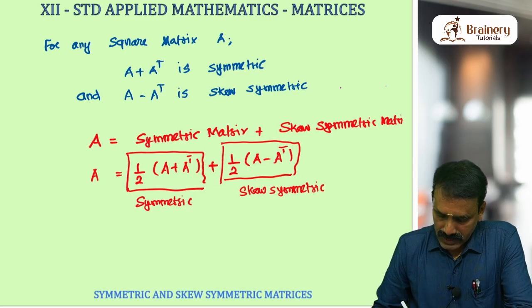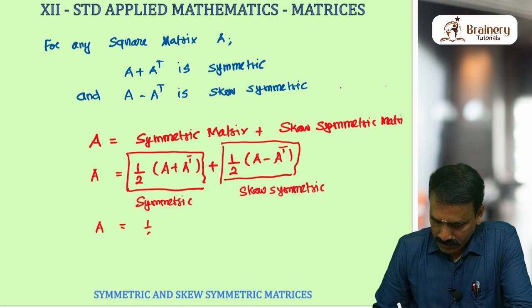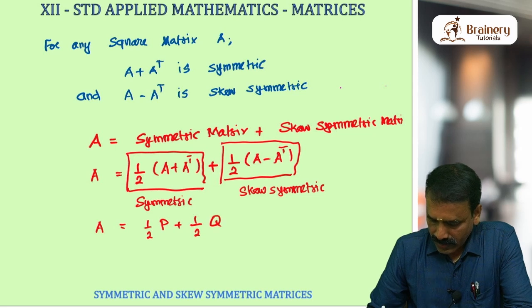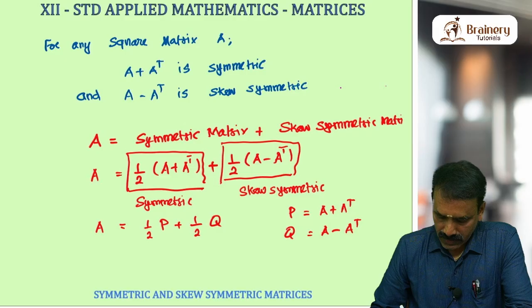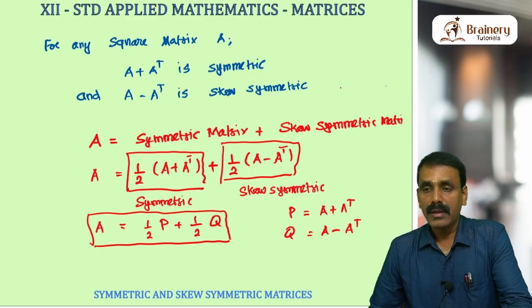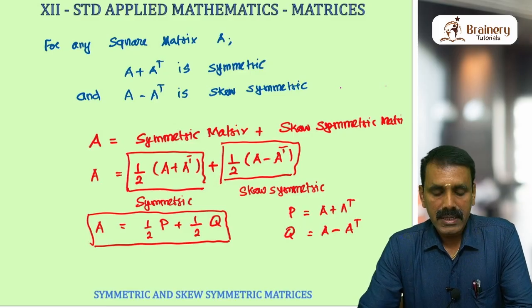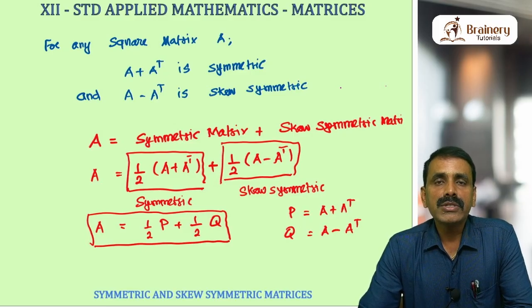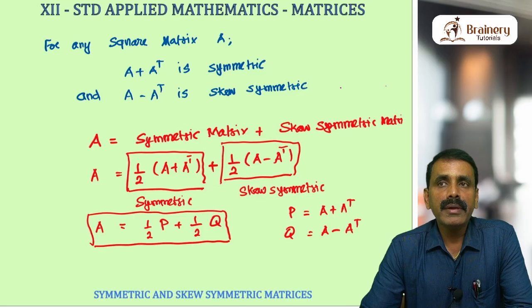So we write A is equal to 1 by 2 times P plus 1 by 2 times Q, where P is equal to A plus A transpose and Q is A minus A transpose. Here P will be a symmetric matrix and Q will be a skew symmetric matrix.